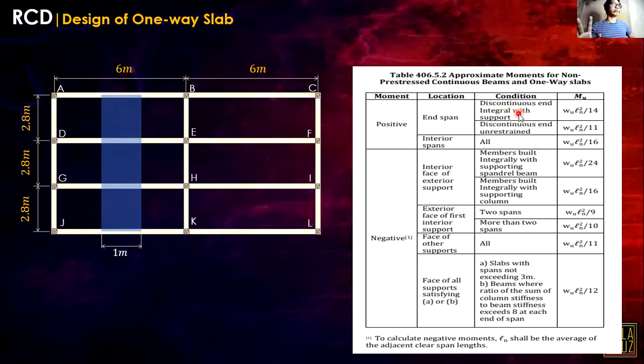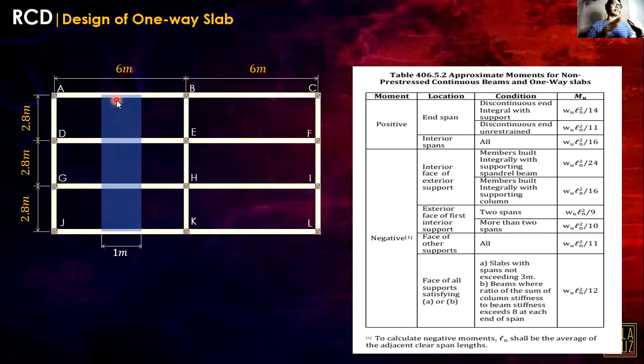Yan yung naka-restrained siya. Okay? Discontinuous end. Of course, this one, wala, that is discontinuous end. Wala na siyang continuation doon. So, pasok ito sa criteria dito. Ito, discontinuous and the same pa rin, discontinuous and unrestrained, meaning hindi siya naka-fix. But as I have said kanina, fix siya pag nakapatong siya sa beam.